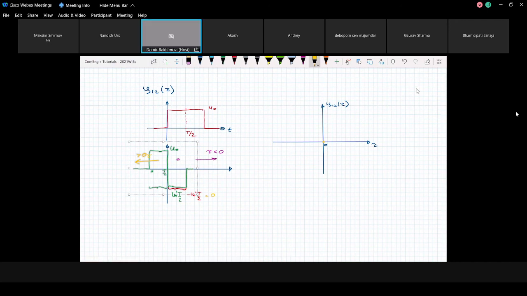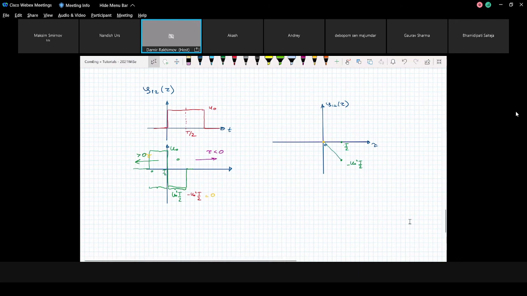This is the point where we analyze, T/2. And at this point, we have minus U0 squared by T/2. And in between, of course, it will be just a line.